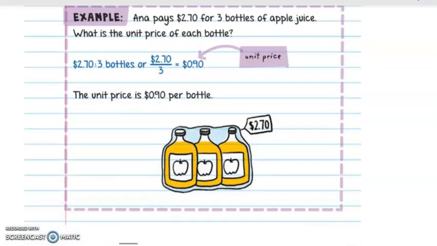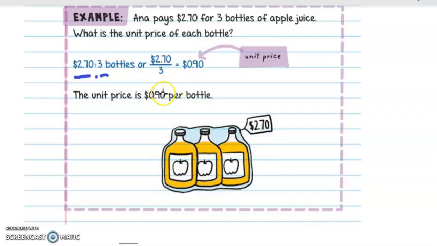Okay? So here we have another example. Anna pays $2.70 for 3 bottles of apple juice. What is the unit price of each bottle? Okay, well, $2.70 to 3 bottles of apple juice, or $2.70 by 3, we simply do the division. You can plug that right into the calculator.